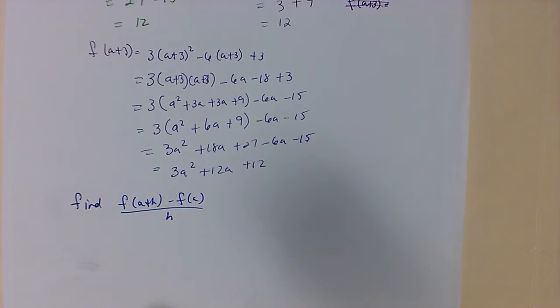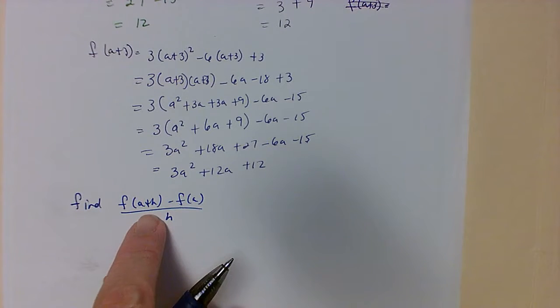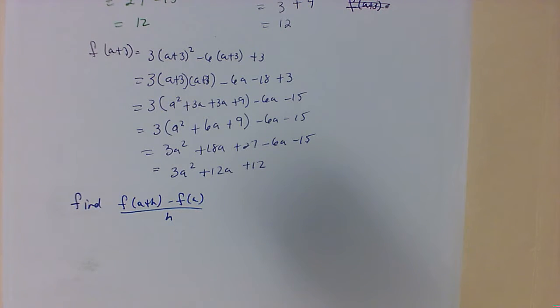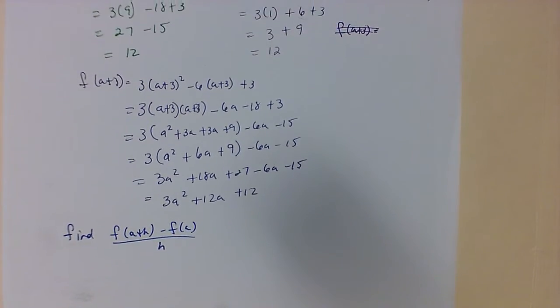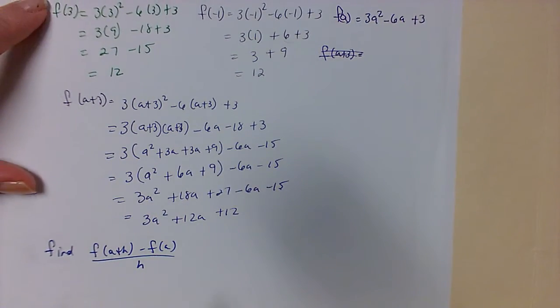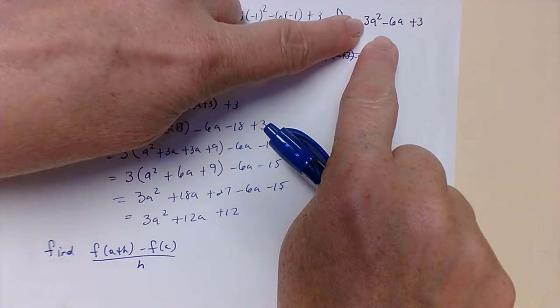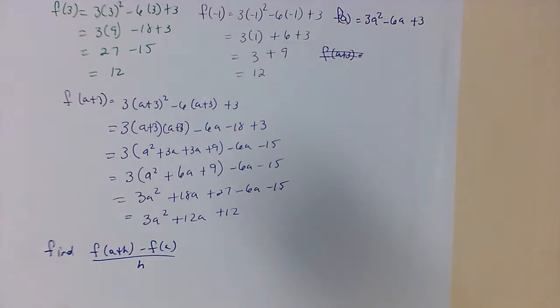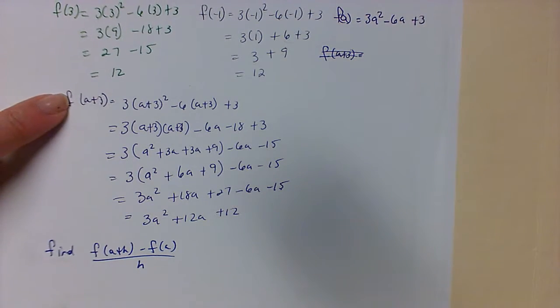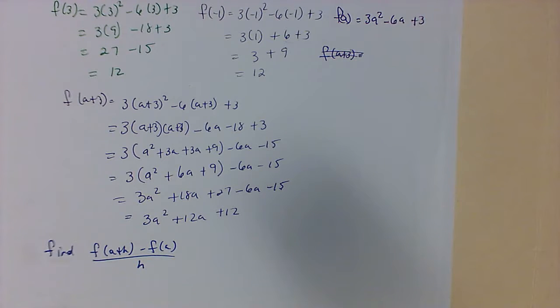What we need is the f of a plus h and f of a. We have found our f of a in this example. Our f of a is equal to 3a squared minus 6a plus 3. And our f of a plus h, we would still need to locate.